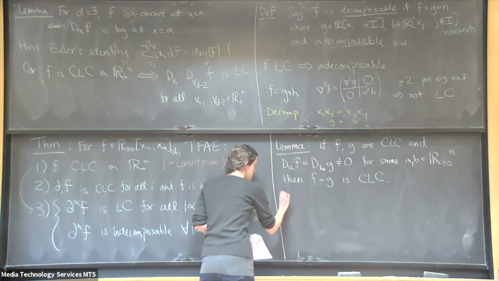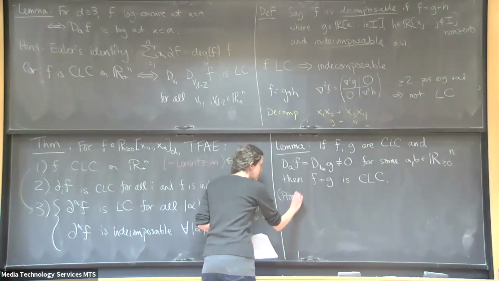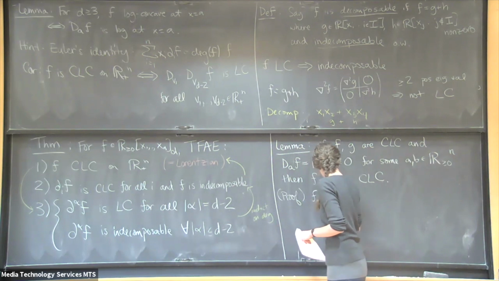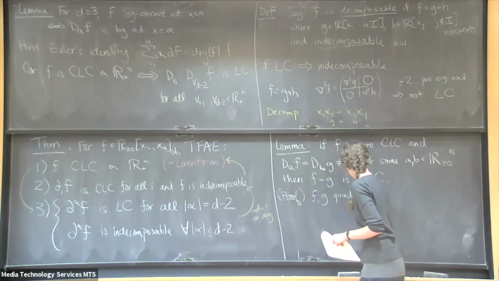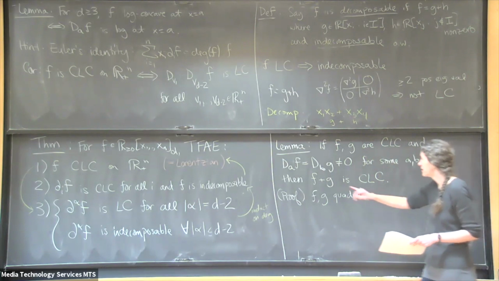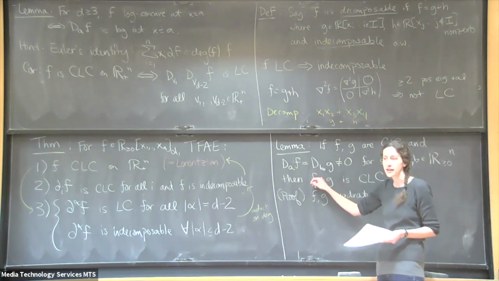And so the sketch of the proof is that if you imagine that F and G are quadratic, then this is going to give a common hyperplane on which they're negative.